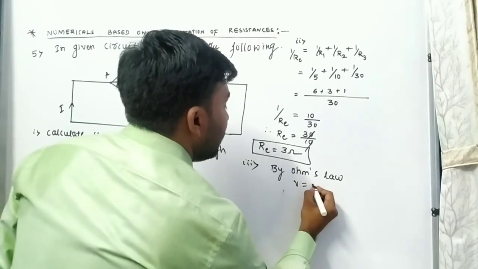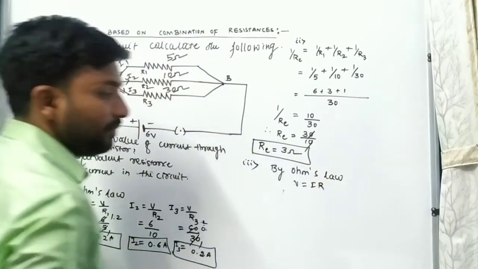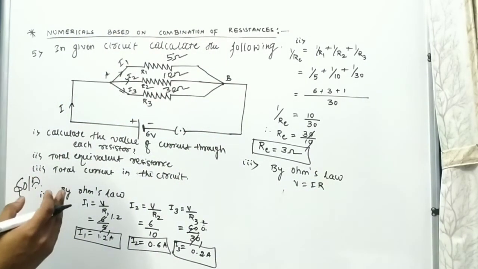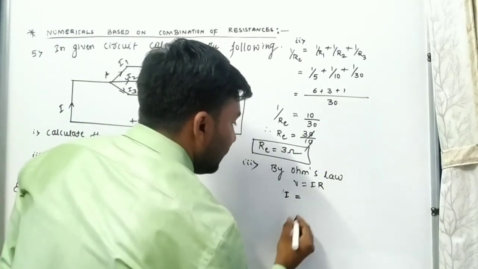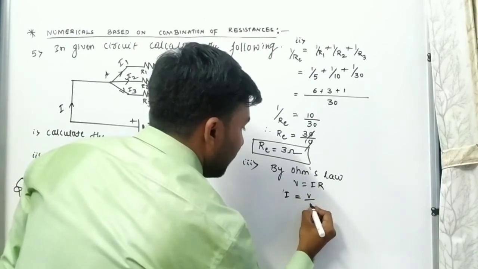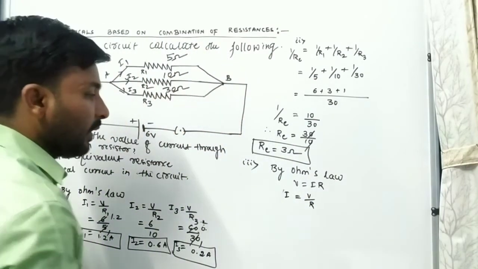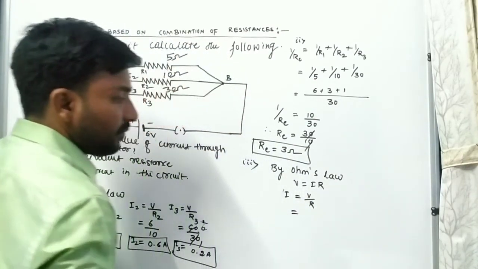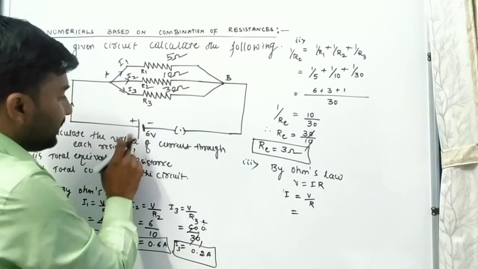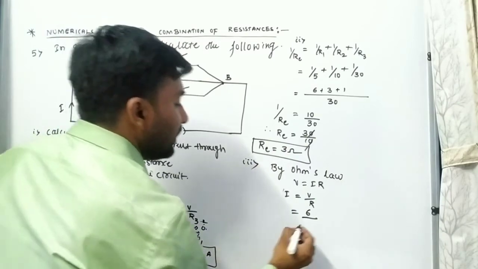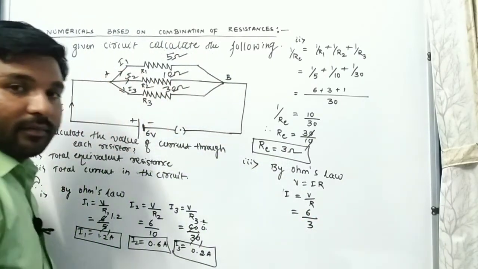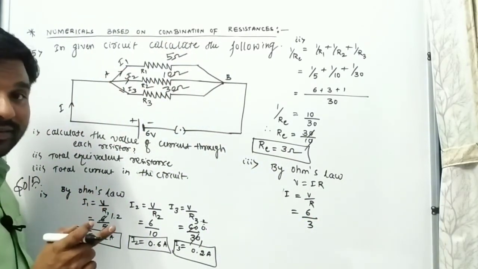V is equal to I into R. Therefore, I is equal to V divided by R. V is 6, R is 3, because we are taking the equivalent resistance.